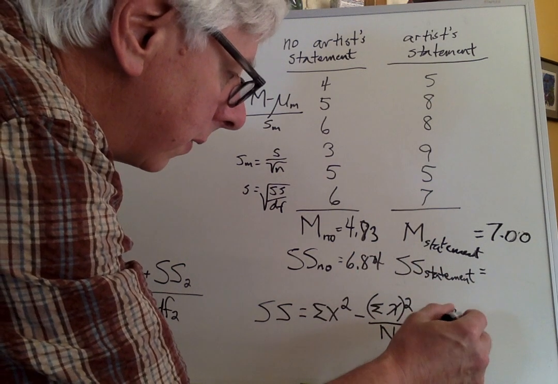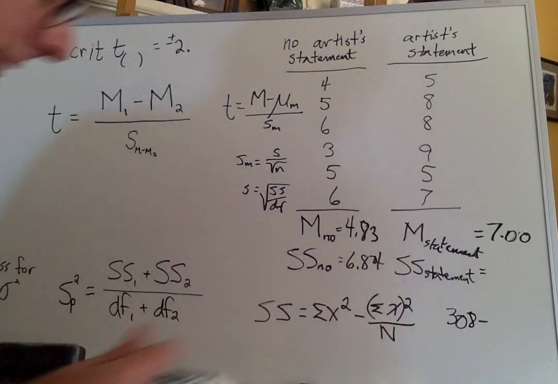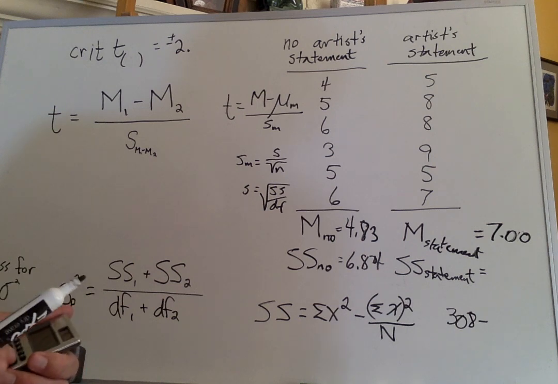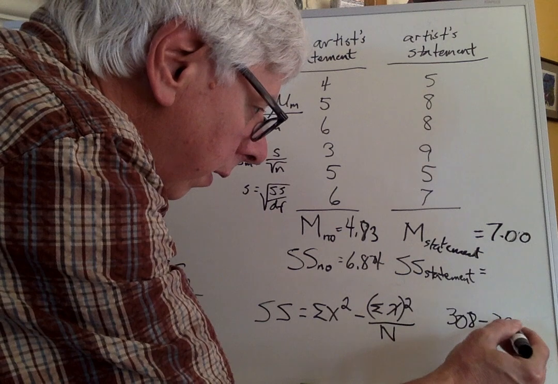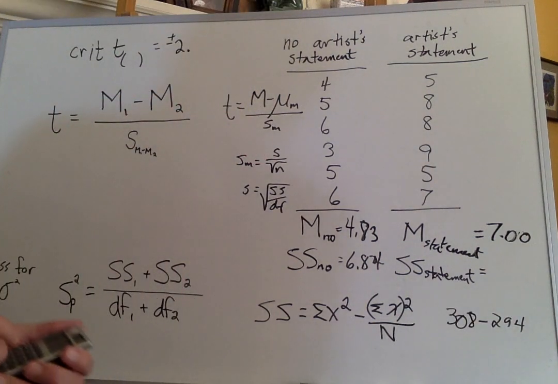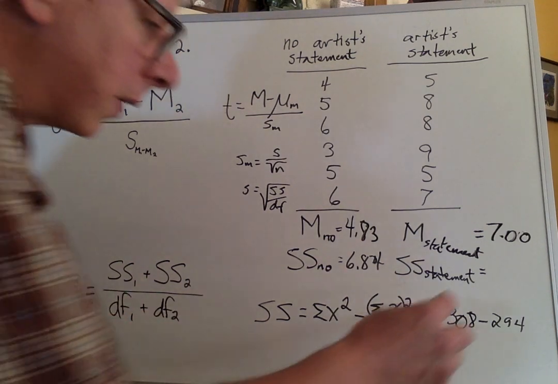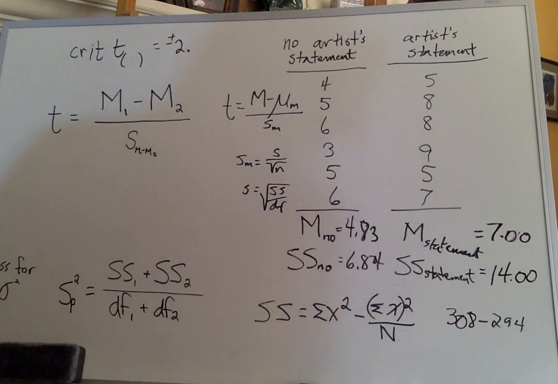This is 308 minus 42 squared divided by 6, 294. Okay. So we have 308 minus 294 equals, and this sum of squares is 14. Okay? So we're going to put those together.